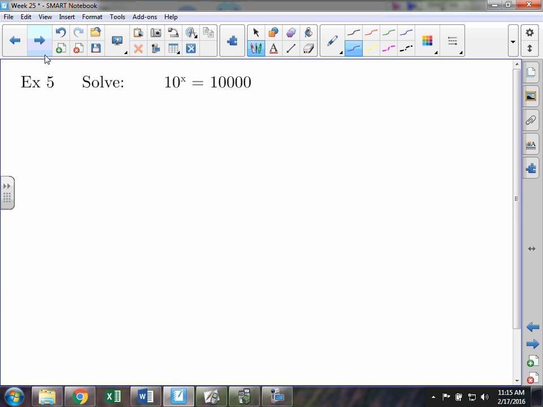Solve this function. Noting, of course, this is a piece that we can rewrite in logarithmic form. How would this look then? Log of 10,000 equals x. Just rewriting it so that instead of emphasizing exponential form, we're using logarithmic form.